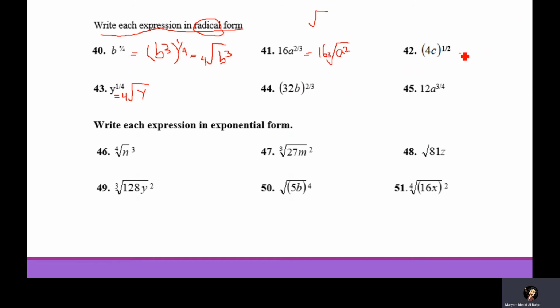This one, that's 1/2, which is the square root. For the square root, you should not write anything here, but if you write 2, no problem. So this is the square root, but we don't usually write the index here. If we don't write anything, that means the square root. So it is 4 times the square root.